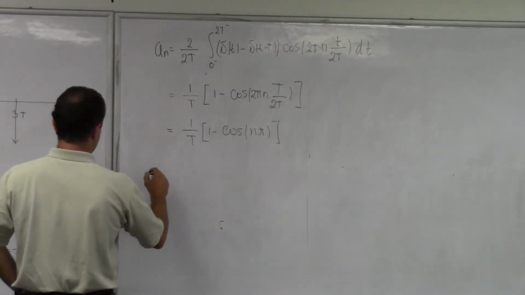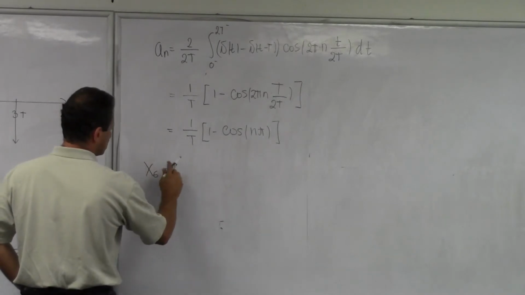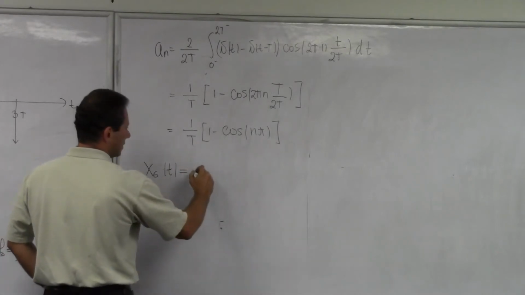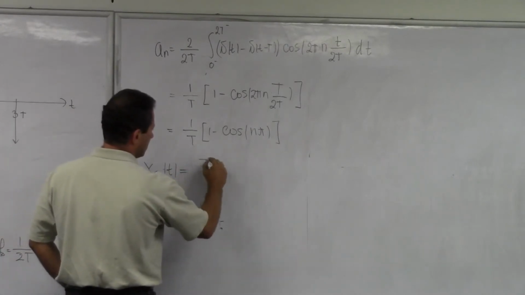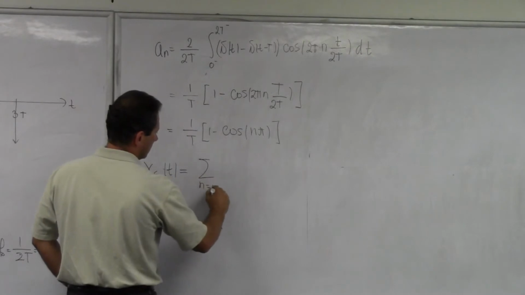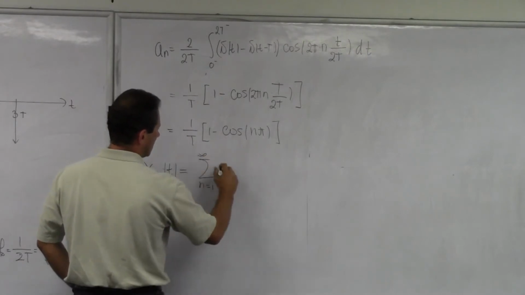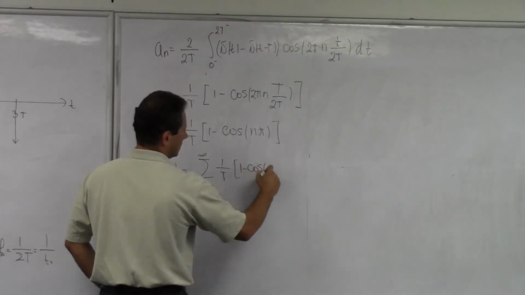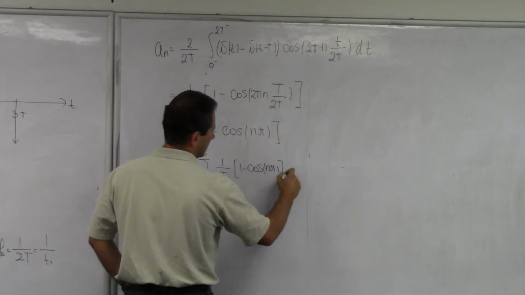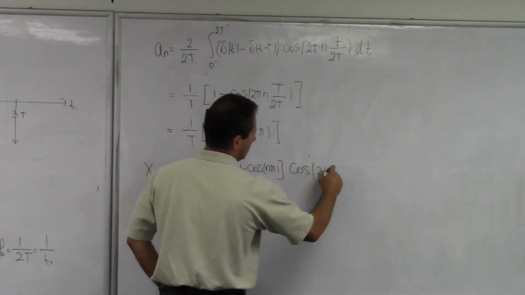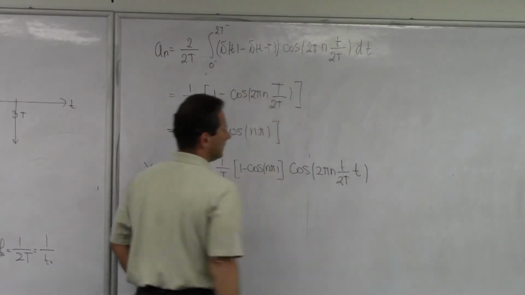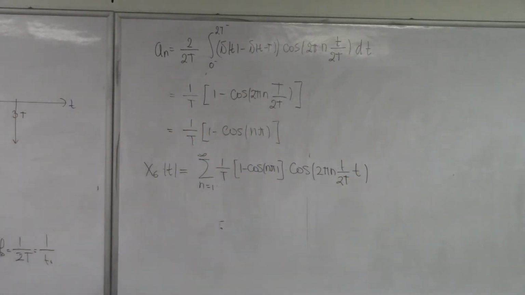So my Fourier series in this case, x6 of t, is going to be 0 for the DC component, and then a summation when n goes from 1 to infinity of an, which is 1 over T, 1 minus cosine n pi, and then cosine 2 pi n over 2T times t. So that's my Fourier series of this waveform.